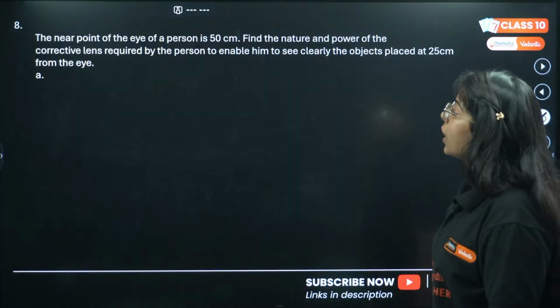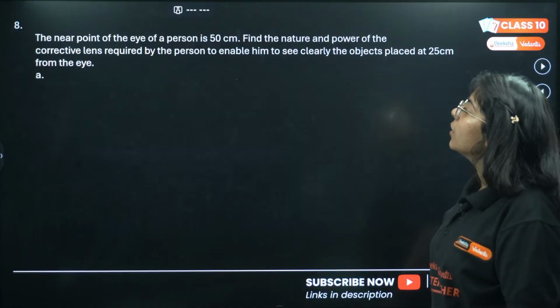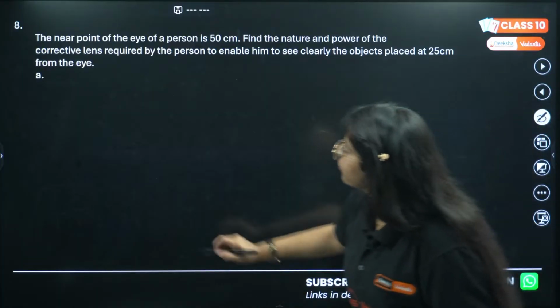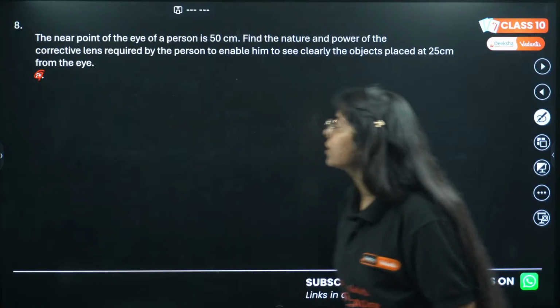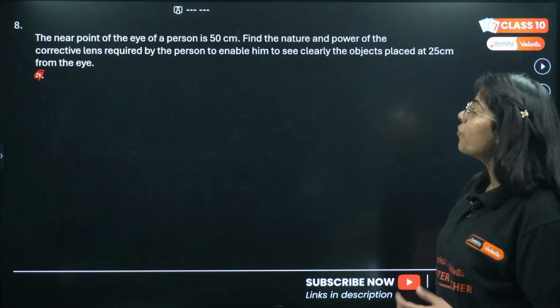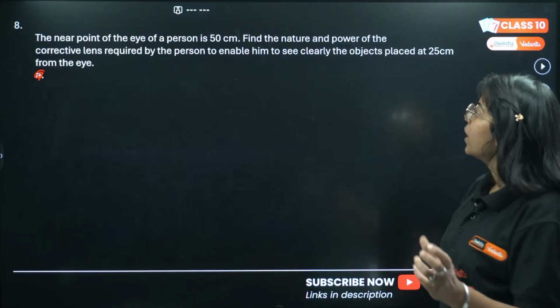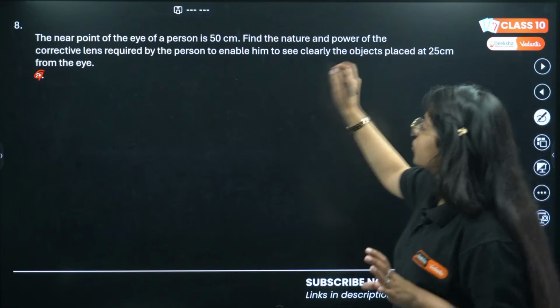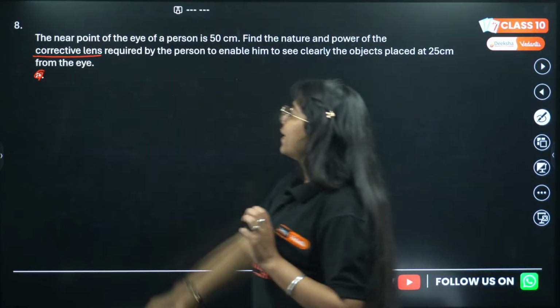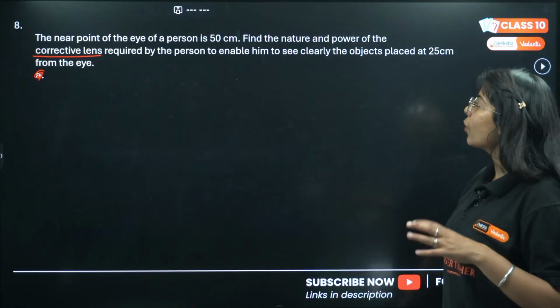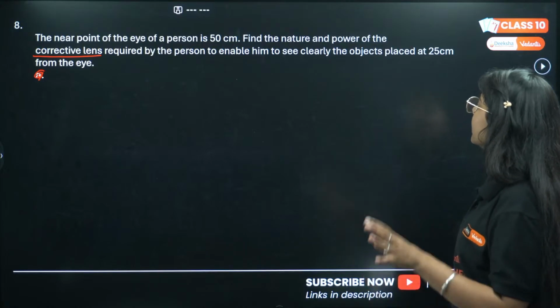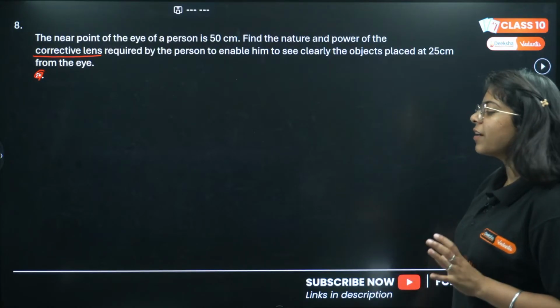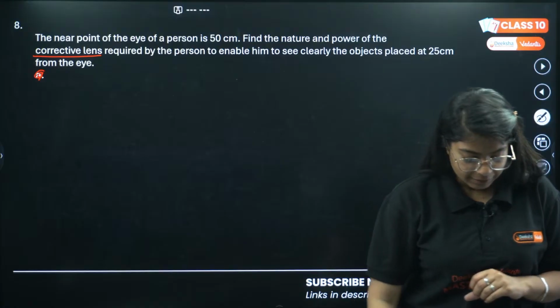The near point of the eye of a person is 50 centimeter. I think I forgot to give you options. Find the nature and power of the corrective lens required by the person to enable him to see clearly the objects placed at 25 centimeter from the eye.